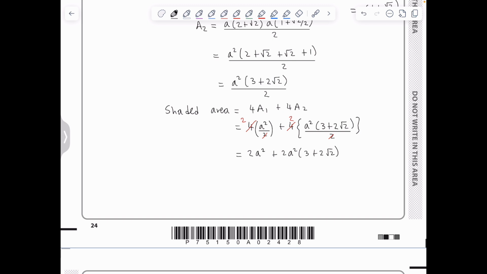Now we'll expand this further to get 2a squared plus 6a squared plus 4a squared root 2, which is 8a squared plus 4a squared root 2. I will factor out the 4, and then I've got the a squared here on the right, and within the bracket I've got a 2, so that 4 times 2 times a squared is the 8a squared, and then 4 times root 2 times a squared is the 4a squared root 2, concluding that the shaded area is 4 brackets 2 plus root 2 close brackets times a squared.